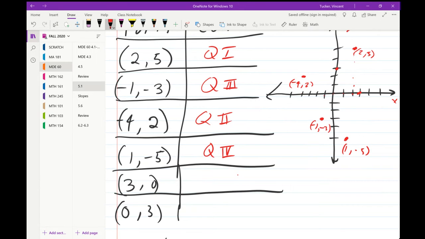All right, so (3, 0). Go to the right 3. Nowhere for y, 0. That puts me right here, which doesn't put me in any quadrant. It puts me on the x-axis. Then for that last one, I don't move to the right or left because x is 0, but I go up 3.